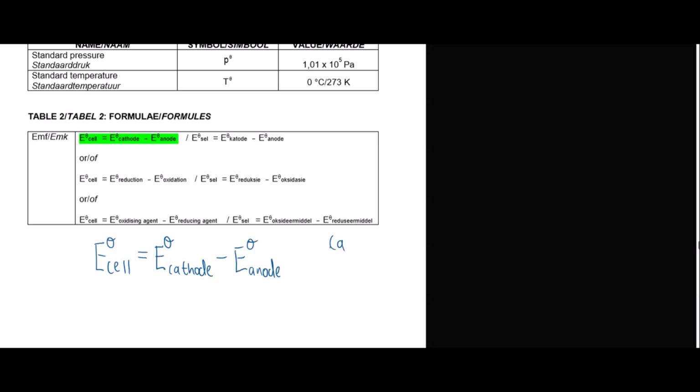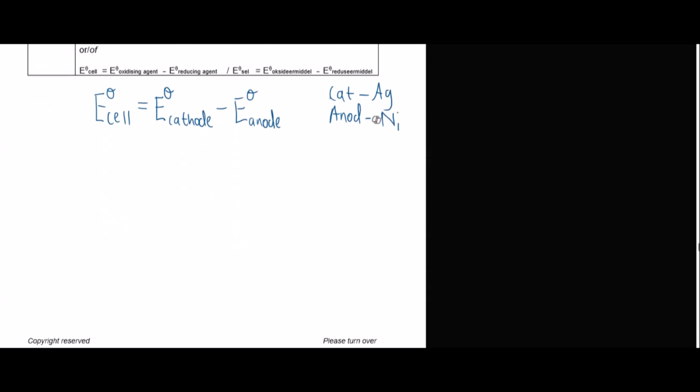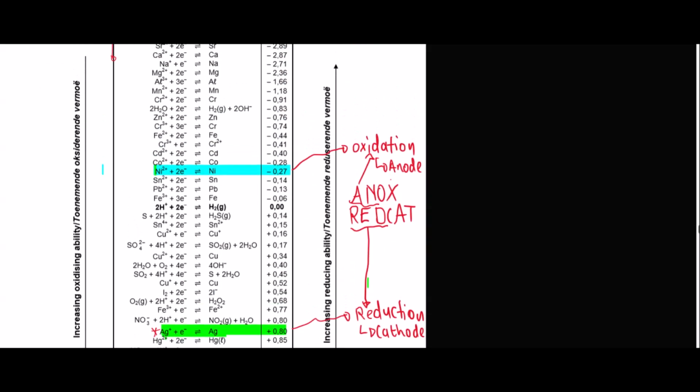We already identified what's in the cathode, that was Ag, and what's in the anode was the nickel. So we just need to get the difference between those two. We look at their EMFs.